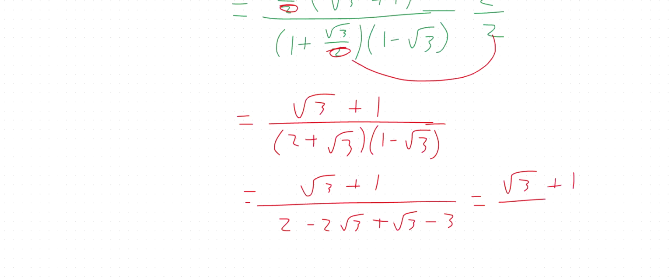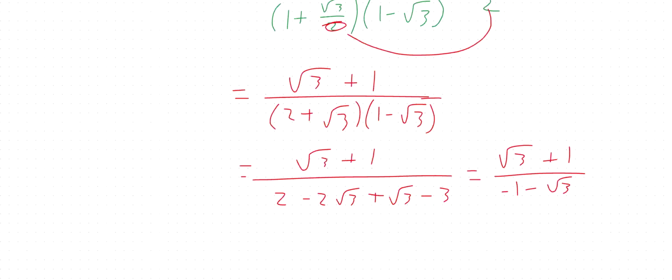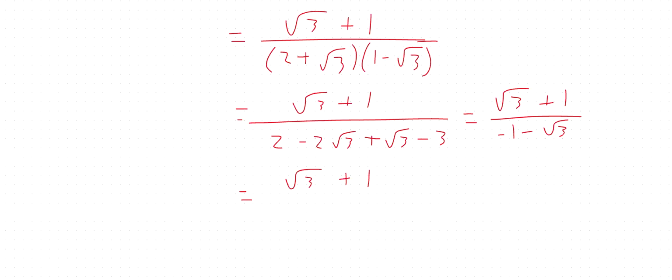Which means we're going to get a -1 minus square root of 3. Factor that out, negative square root of 3 plus 1. Those are the same, so our slope is exactly -1 there.